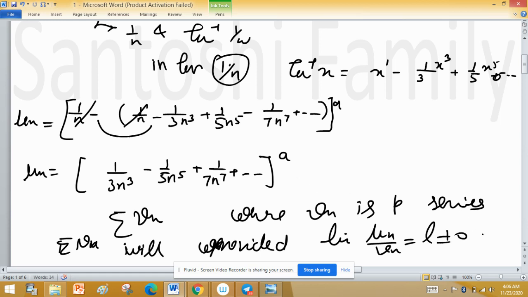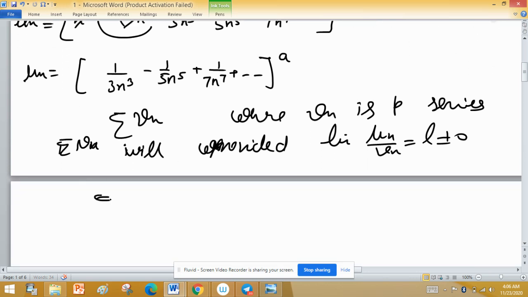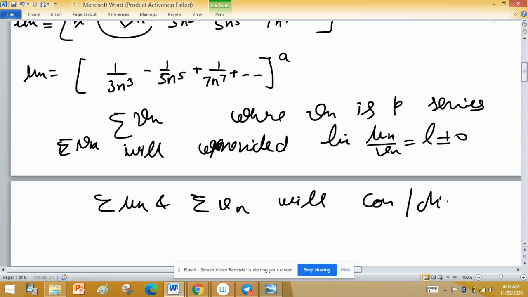Then summation un and summation vn will converge or diverge together. It means the behavior of one series depends on the other. If one is convergent, then the other one also is. If one is divergent, then the other will be divergent. So if you know the behavior of one, you can conclude the behavior of the other.